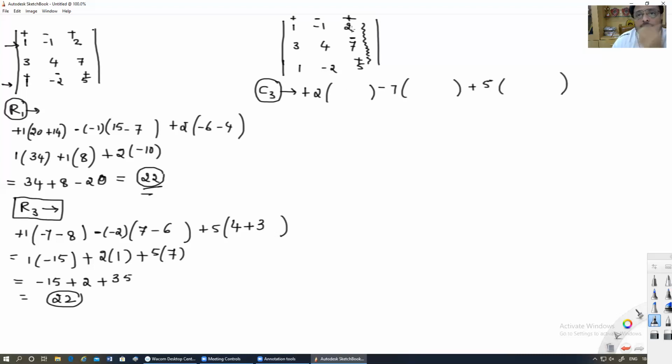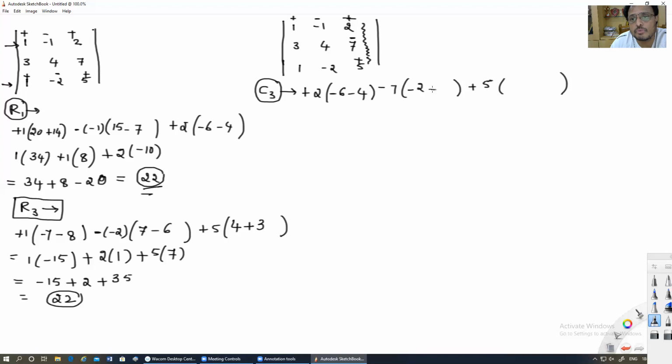First, plus 2 directly, plus 2 horizontal, vertical, minus 6, minus 4. And again minus 7, horizontal and vertical get cancelled. This also 1, minus 2, plus 1.